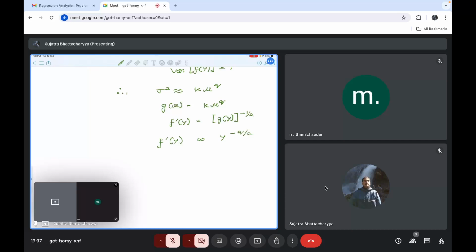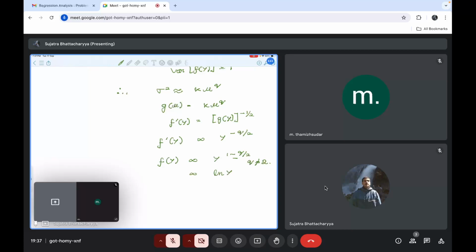Right? Now, therefore, f of y, if you integrate it, it will give you y to the power 1 minus q by 2 divided by 1 minus q by 2. This will be only when q is not equal to 2. But if q is equal to 2, it will be log y. Because just put it here, 2 by 2 is 1, 1 minus 1 is 0. So it will be a log y quantity.